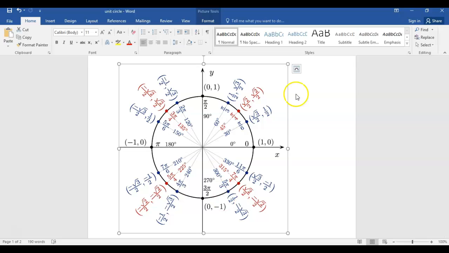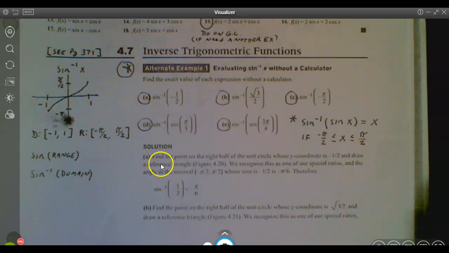But I'd also mentioned that really the answer our assignment is looking for today is the answer that the calculator would generate. So when you see the first one, the inverse sine of negative 1/2, this is the answer they're looking for. This is the answer our calculator would generate for us, negative pi over 6, when we did part A. So we do need to have the understanding of how to find more answers when asked.